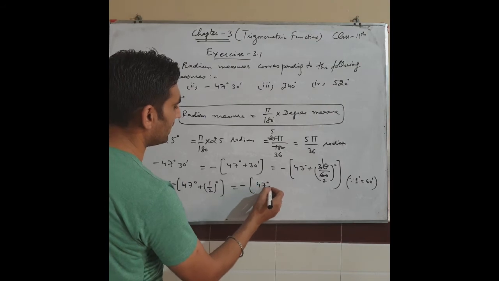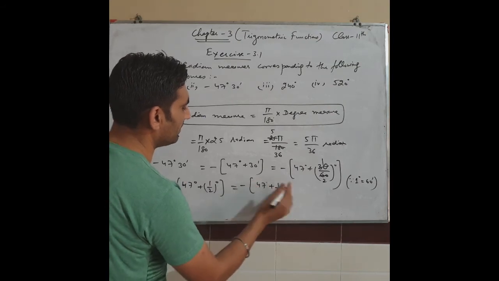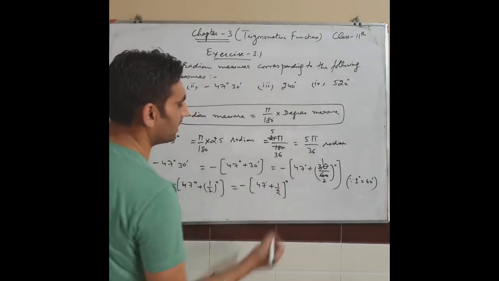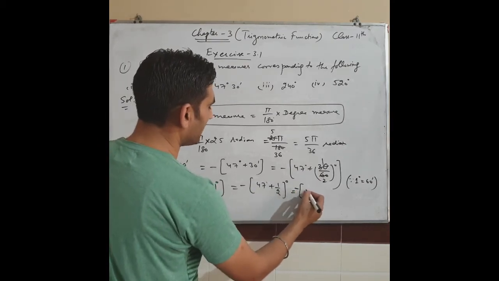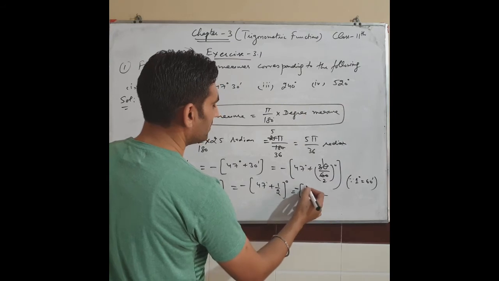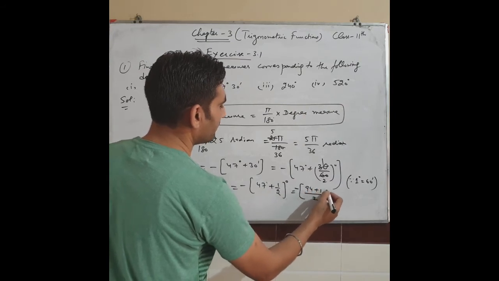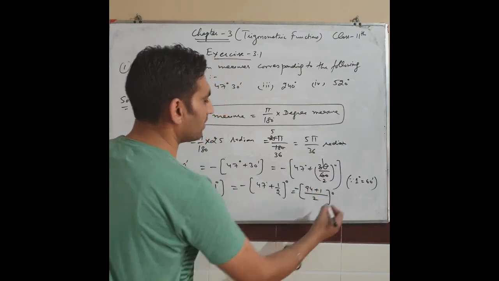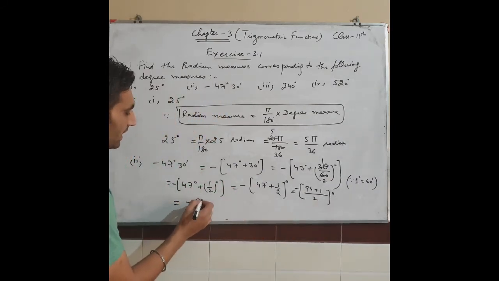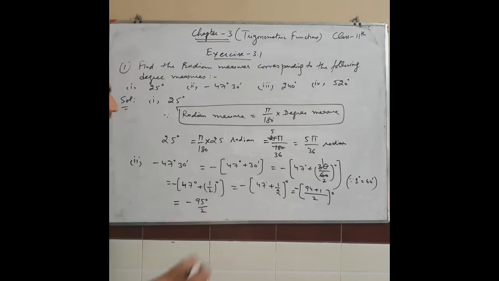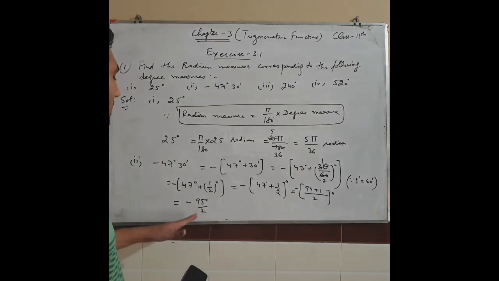So 47 plus 1 over 2 degree, the LCM will be 2, 94 plus 1 over 2 degrees, or it is minus 95 degree over 2. This is only the degree measure.